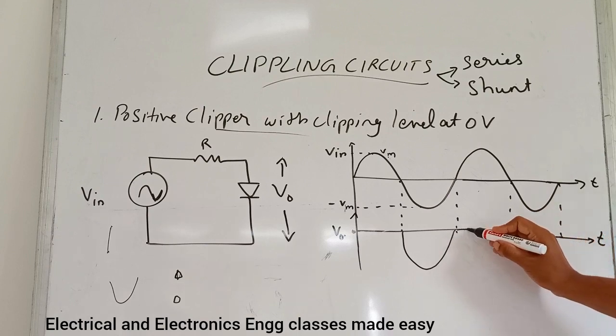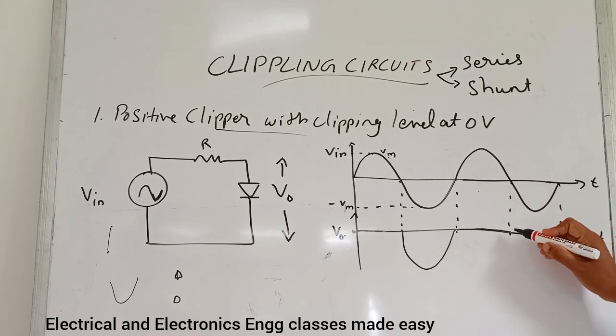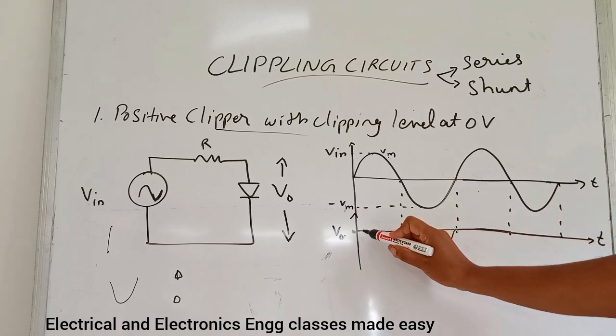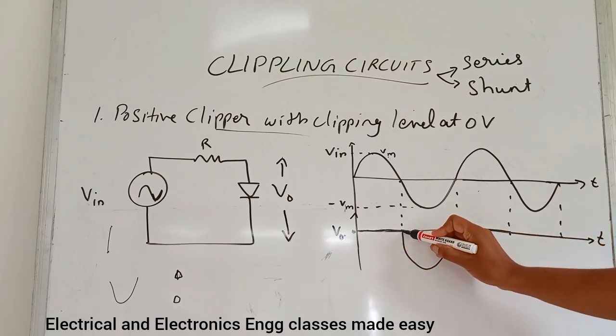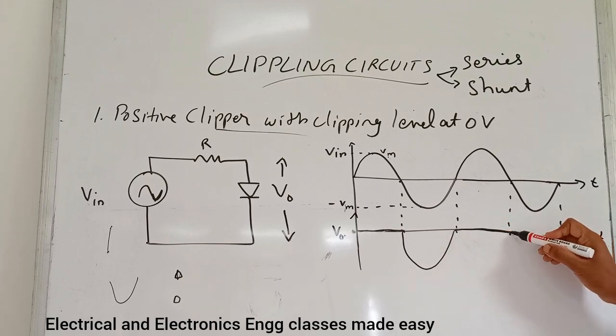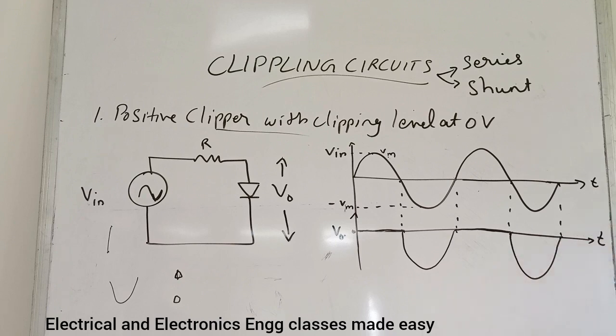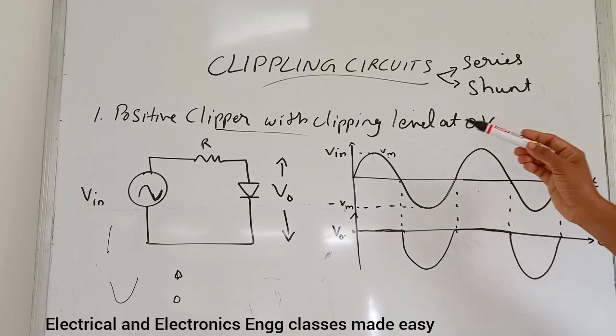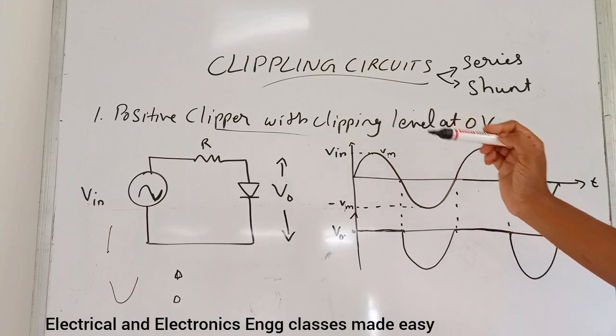Then it will be like this. Then during the negative half cycle, it will be like this. Then again it will conduct. Then in the negative half cycle, the diode will not conduct, so it will be like this. So all the positive half cycles are bypassed through the diode because the diode gets forward biased.